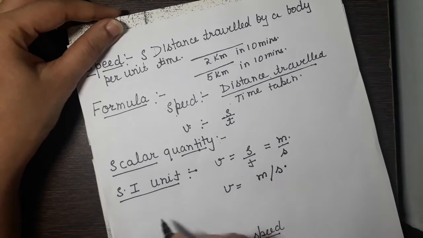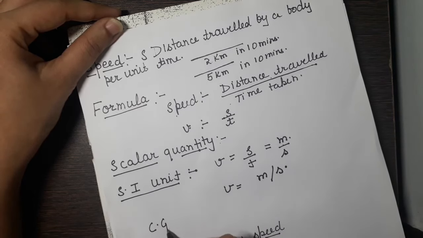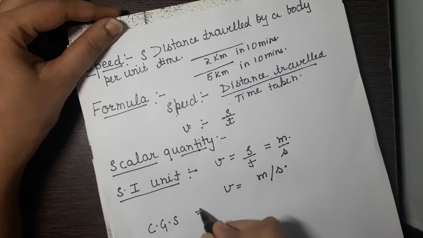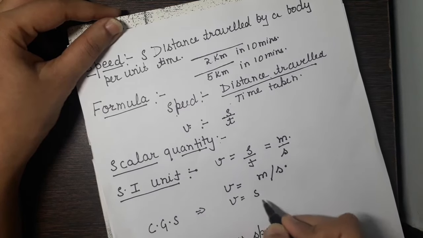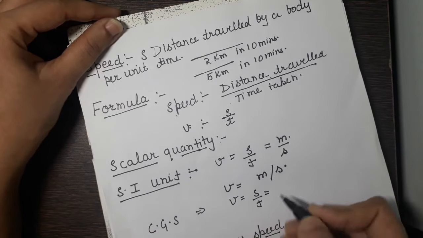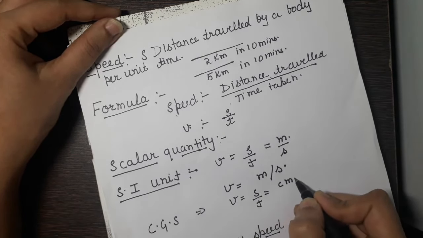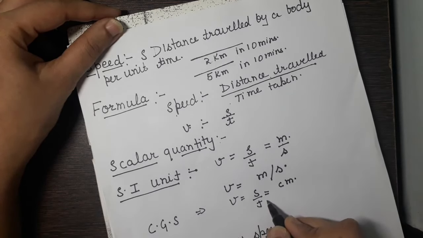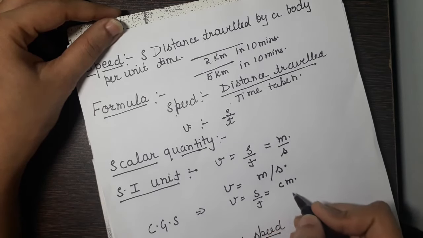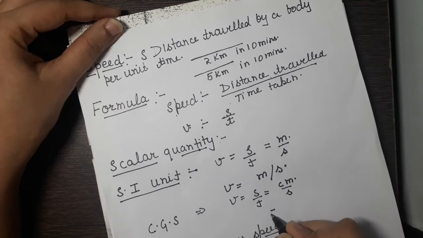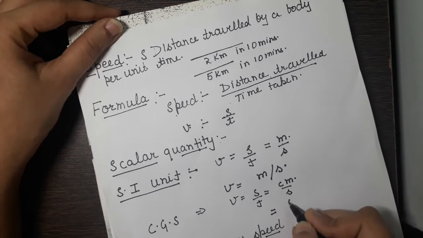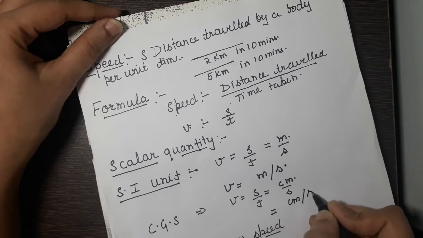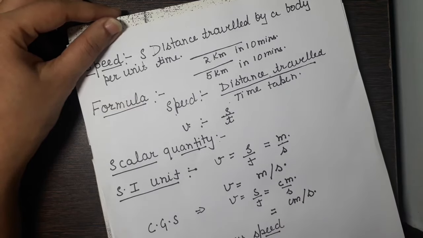But in the CGS system, the unit of distance is centimeter and the unit of time is second. So in the CGS system, the unit of speed will be centimeter per second.